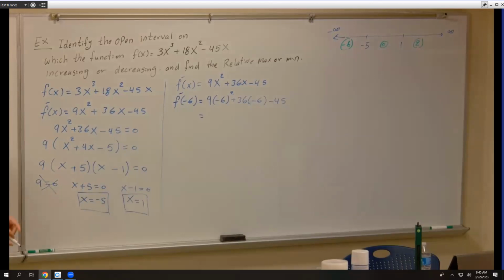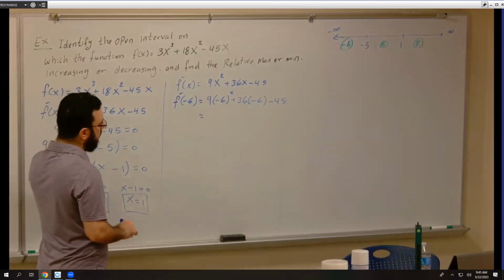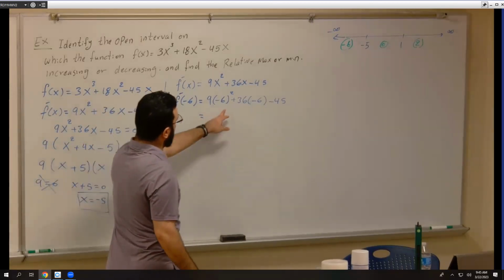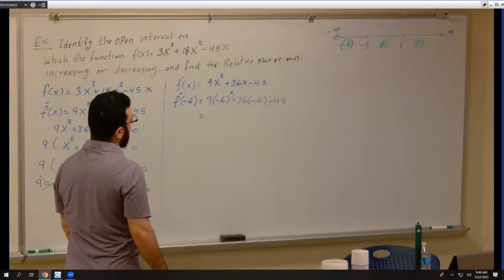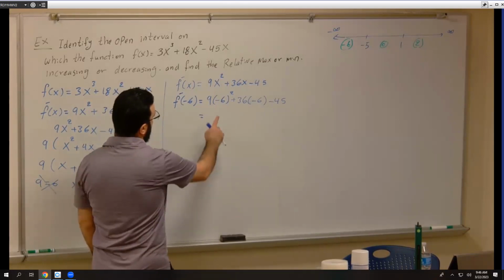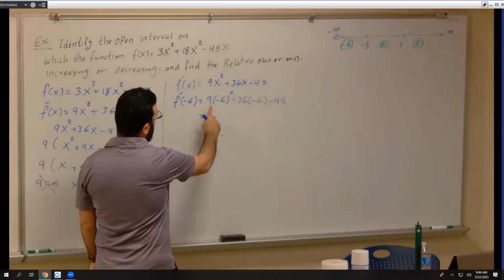Will it be positive or negative? It's going to be 36 times 9, which is a really big number, a positive number.